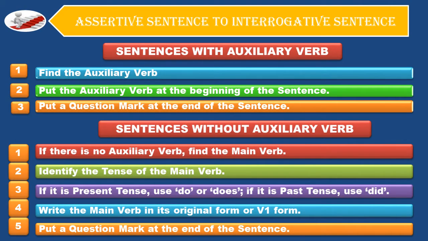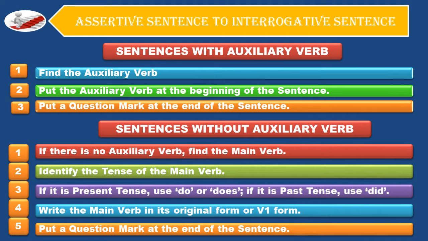Now let us discuss the steps that we have to follow while converting assertive sentences to interrogative sentences. First, let's talk about the sentences with auxiliary verbs or helping verbs. At times we also call them be verbs. The first step is to find the auxiliary verb.